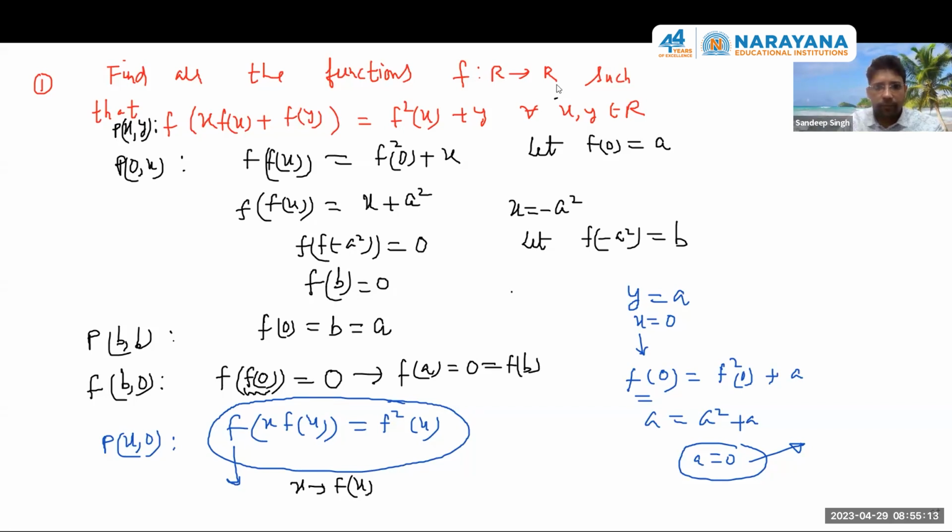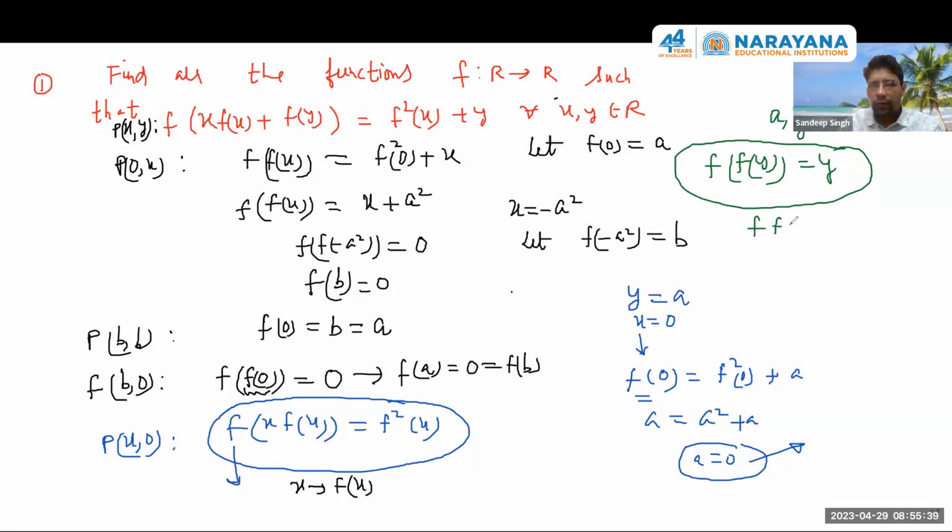What next? Put b comma y. b is a only. So a comma y you want to put. If you put a comma y, that will be f of a is 0, f of y equal to y. You will get this. Correct. So f of y is y.